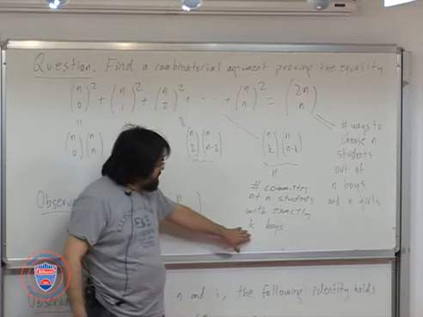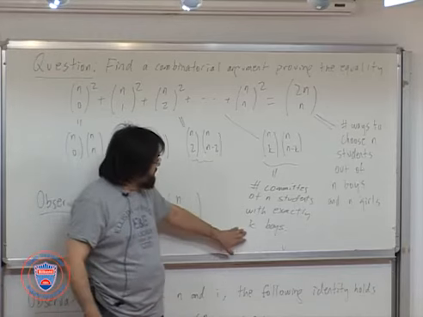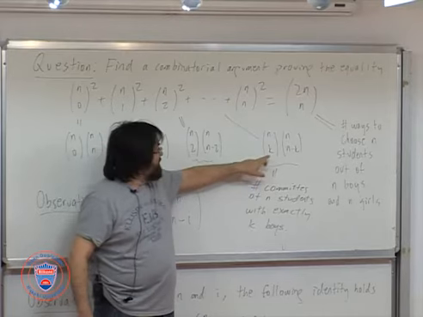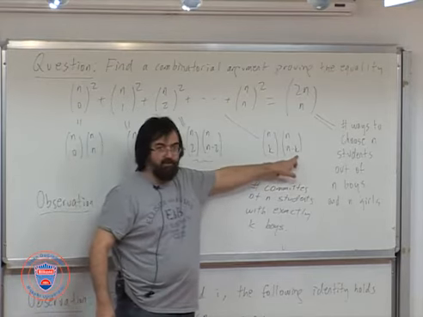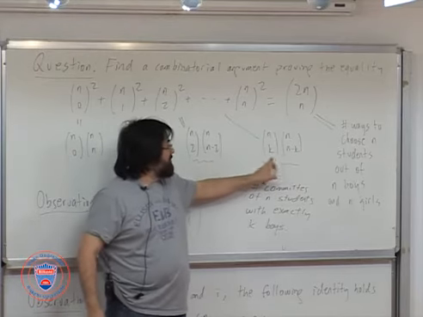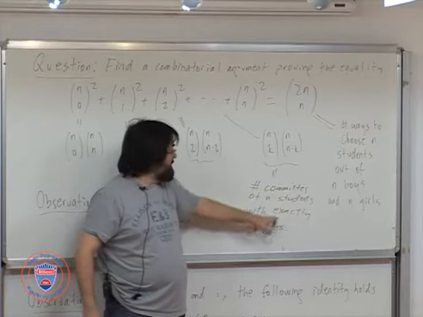But now you're choosing them from their own groups. So you're choosing k boys out of n boys, and then you're choosing n minus k girls out of n girls. Because of the product rule, you have a product of these choices. And this is only for k.